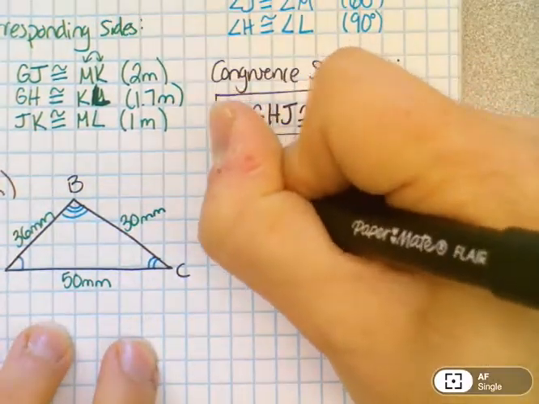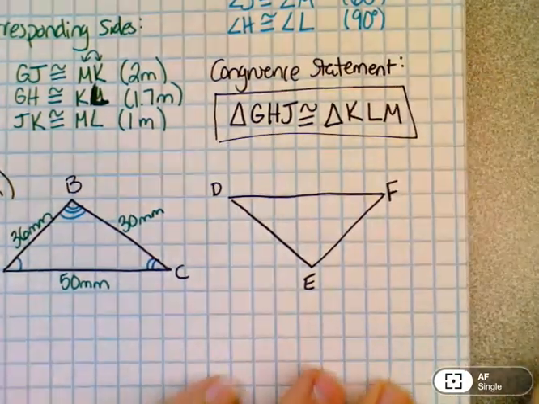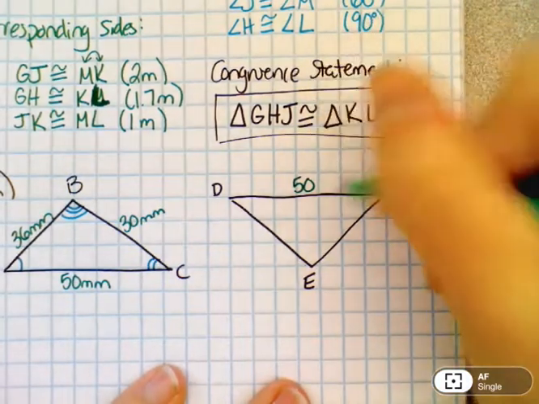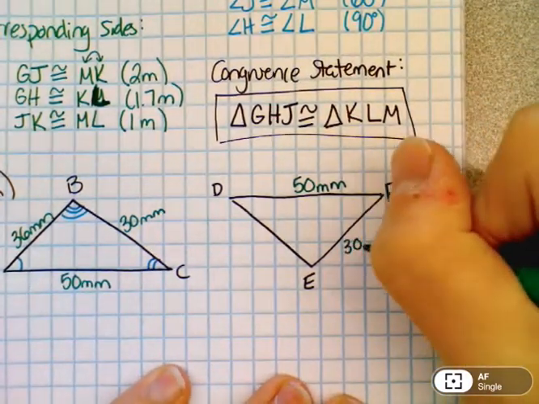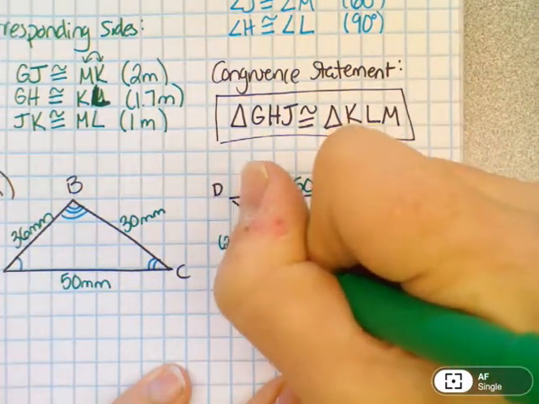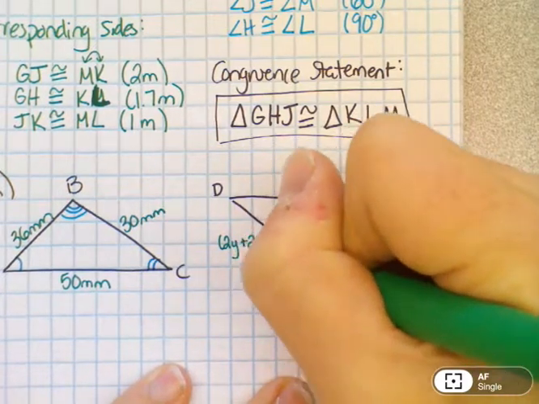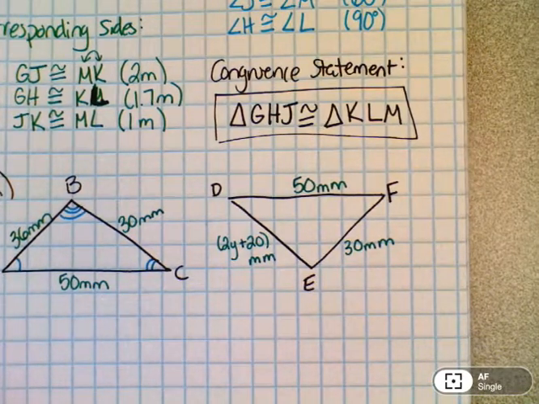And this will be D, E, F. Let's label our side lengths. So we have an expression here instead of a side length.